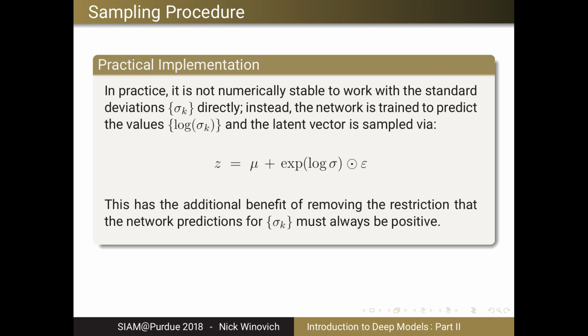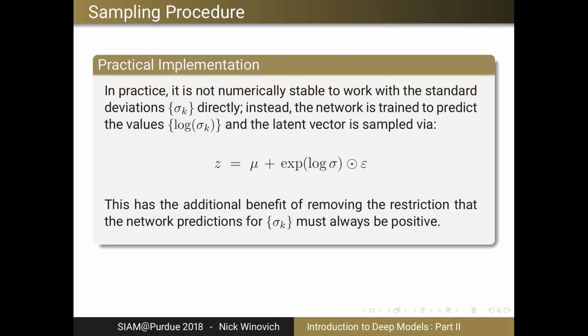Instead, we can predict the log of the standard deviations, and this has an extra benefit: by predicting the log standard deviation, we can predict positive, negative, arbitrary values. It doesn't matter. So we can produce these with a network layer without an activation function, whereas the standard deviation would have to be predicted using a strictly positive value, which can be difficult to enforce on a layer.